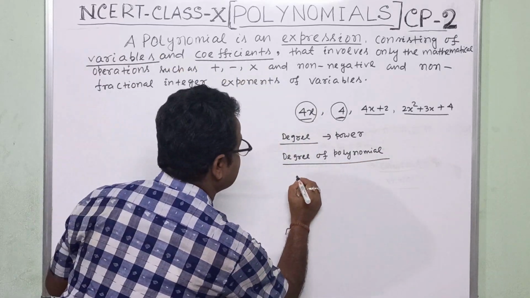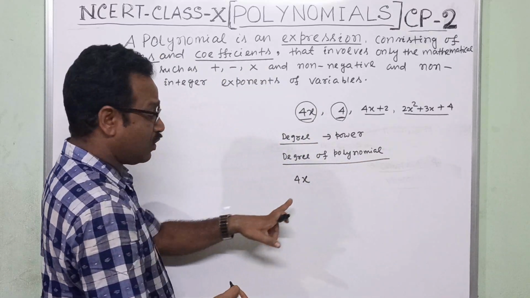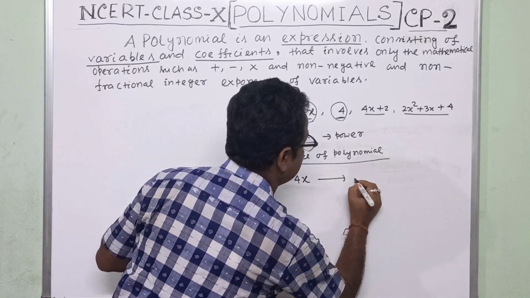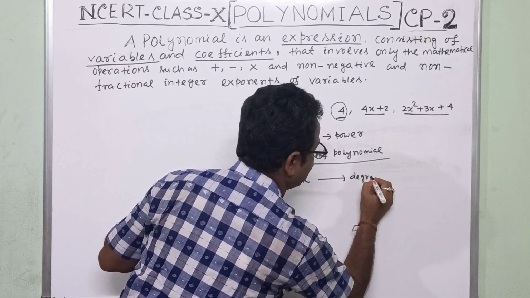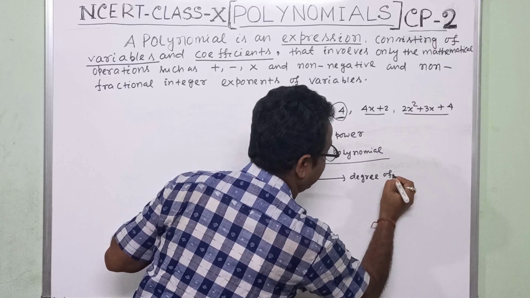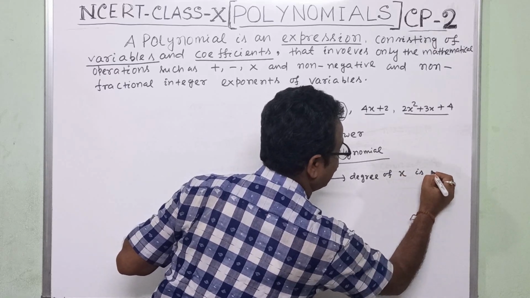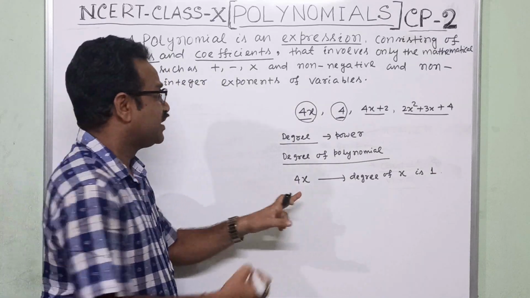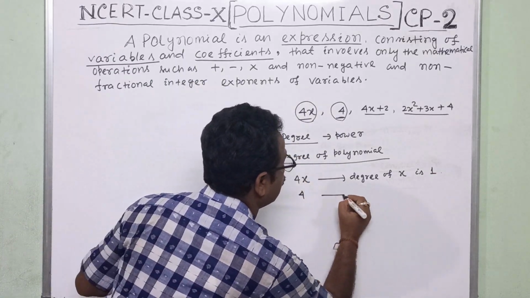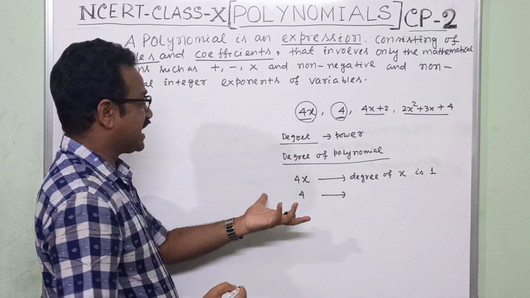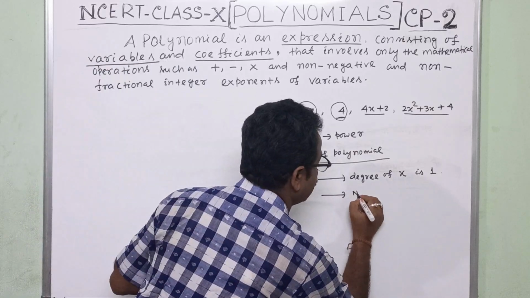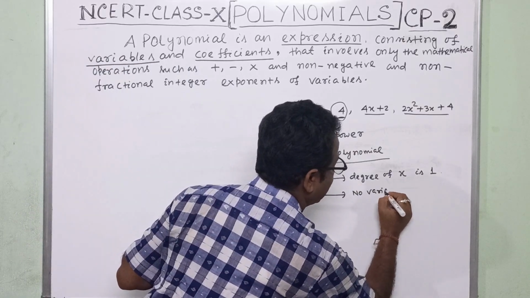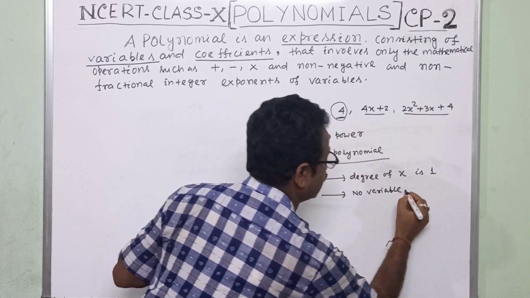Suppose given 4x. What is the degree here? The degree of x is 1, because x to the power 1 is x. Now 4: is there any variable? No variable, it is a constant term.